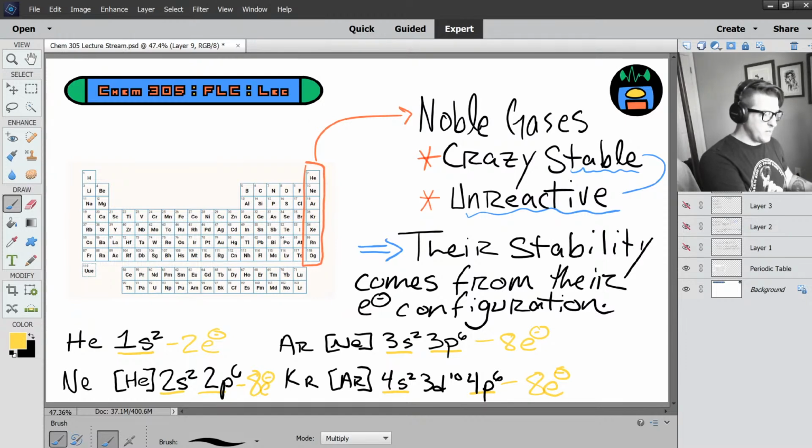If you're wondering why we use the noble gases for abbreviations for electron configurations, it's because the noble gases are like the definition of stability on the periodic table. And so that is kind of the base, the standard that all these other elements want to live up to. All right?